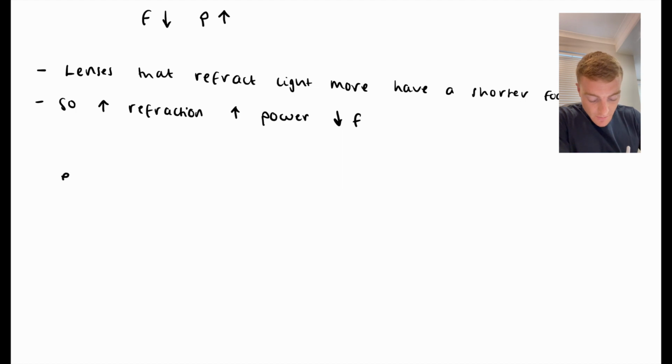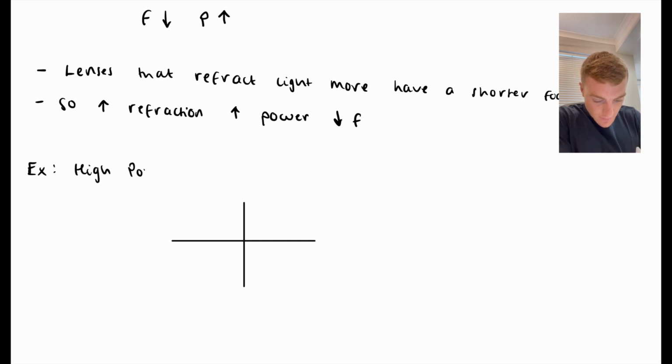Okay, so for example, if I draw a lens diagram, and let's do a high power lens. So I'm going to draw my object in. Say it's a convex lens. My parallel ray.